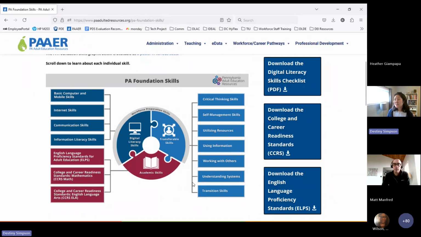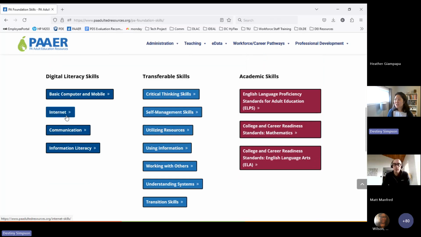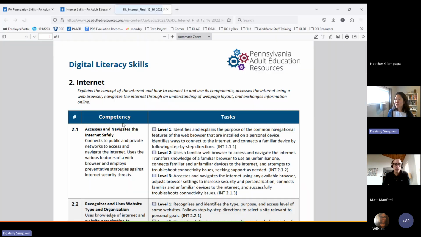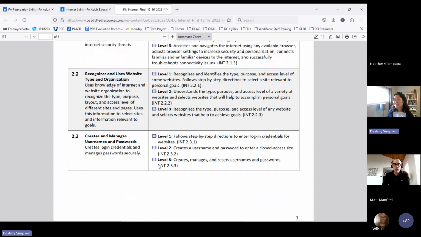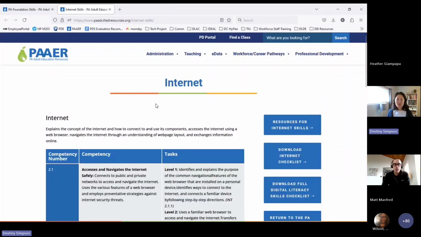And so this also includes checklists that your teachers can use with learners. There's the list here that they can use, but they can also download a checklist. So you could check off and help learners show their progress of skills that they're developing. So it can help add to a learner's portfolio and something that they could show employers or potential employers for skills that they're developing.